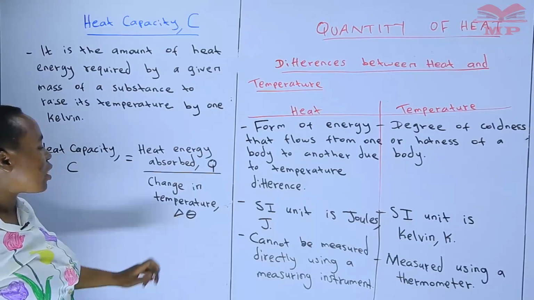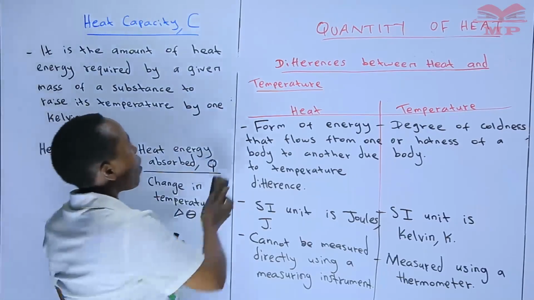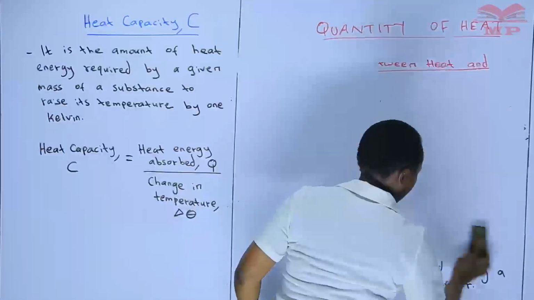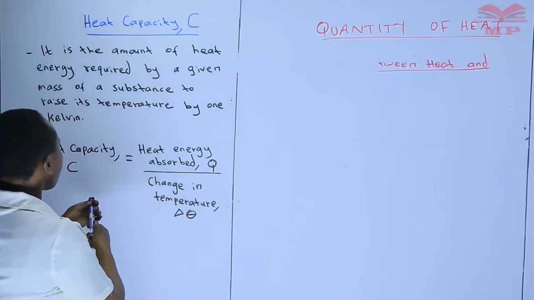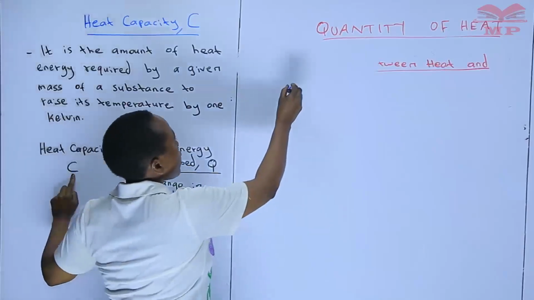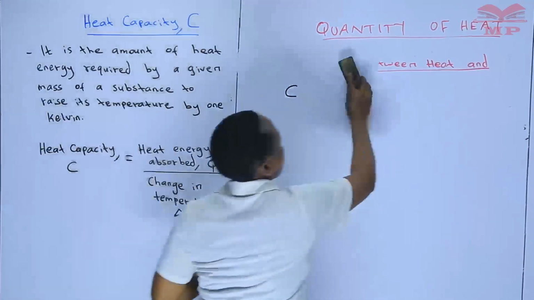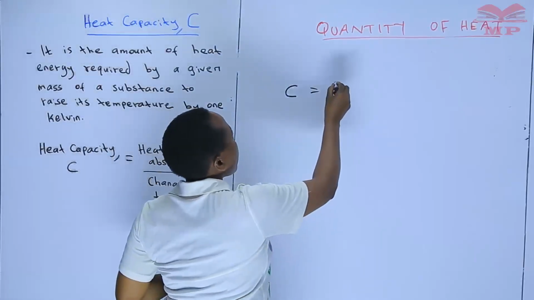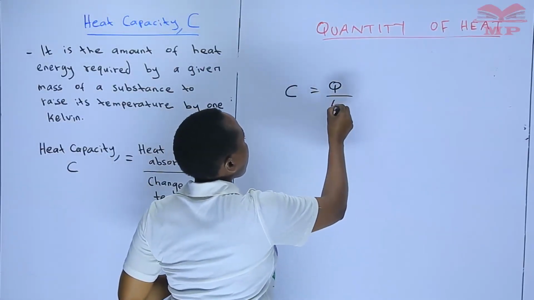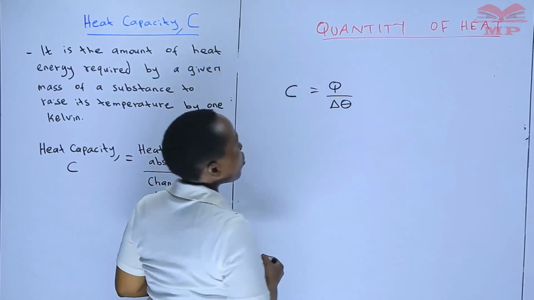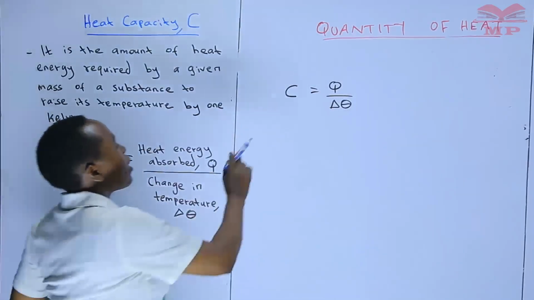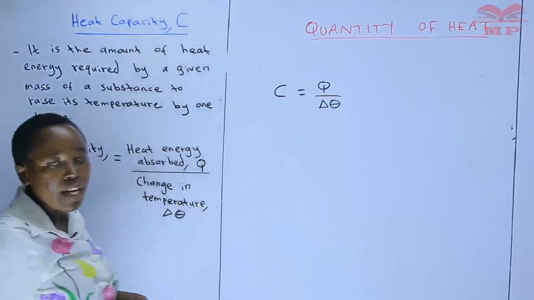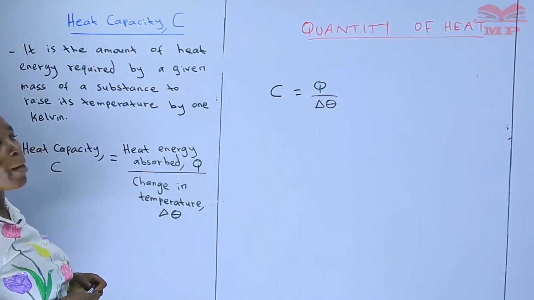So if we now use the symbols, heat capacity will be equal to heat energy divided by the change in temperature. So that is what we have.